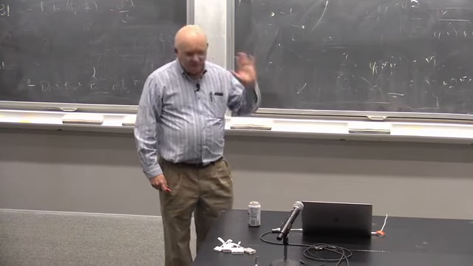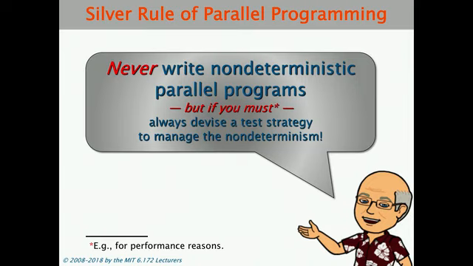We also have a silver rule. The silver rule says, never write non-deterministic parallel programs, but if you must, always devise a test strategy to manage the non-determinism. So you better have some way of handling how you're going to tell what's going on if you have a bug.